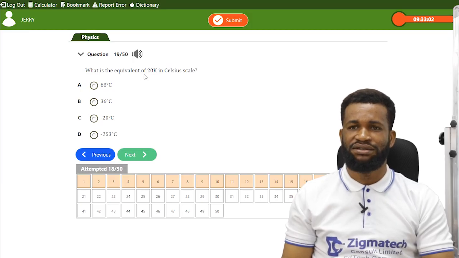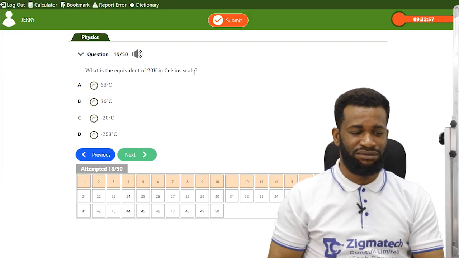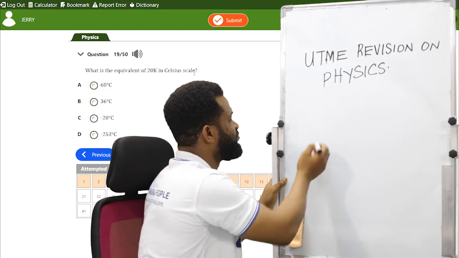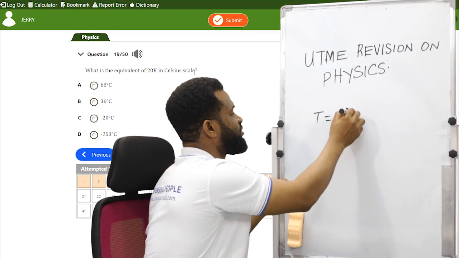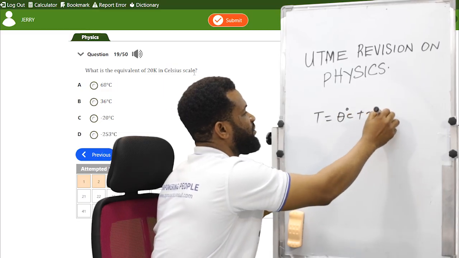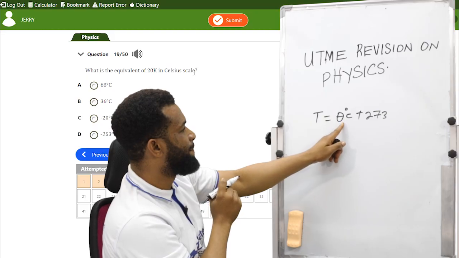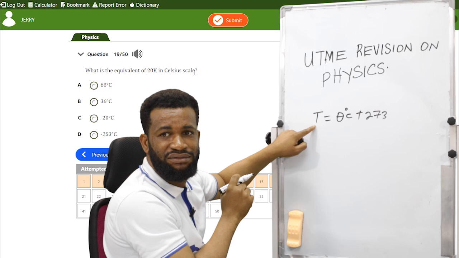What is the equivalent of 200 K in Celsius scale? We have that the Kelvin scale is equal to degrees Celsius plus 273. So for me to find this, this T represents Kelvin.